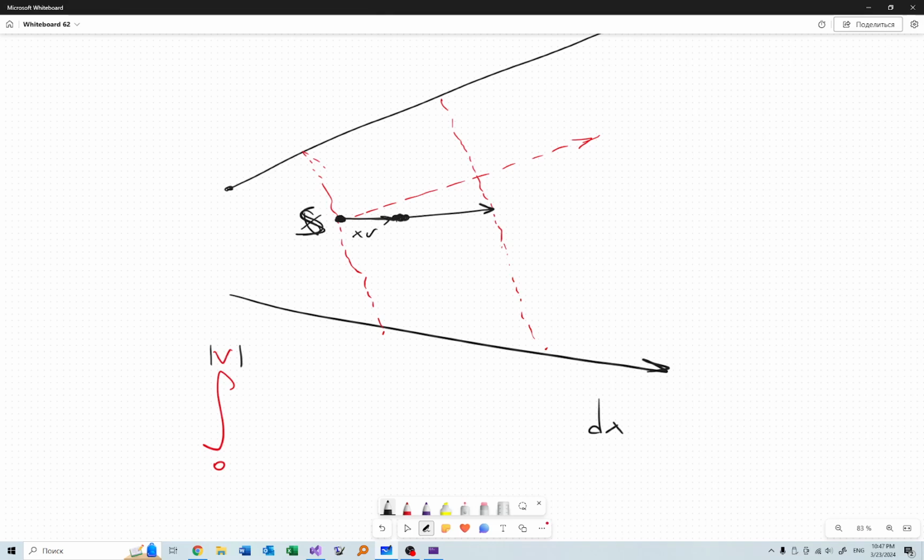So we have a point. Then we need to draw this line. And we need to find these 2 points.